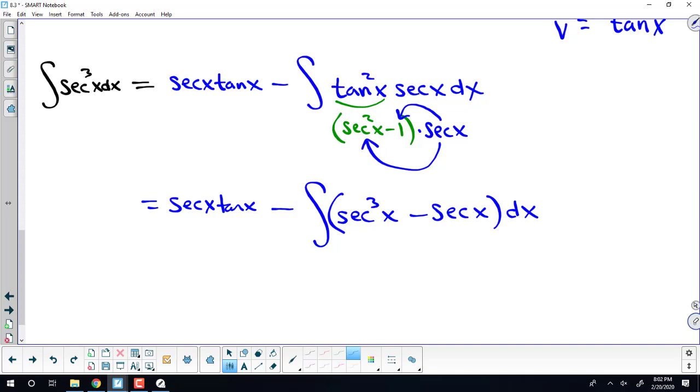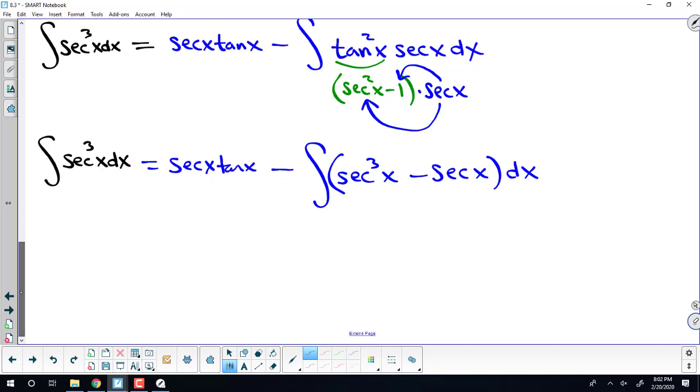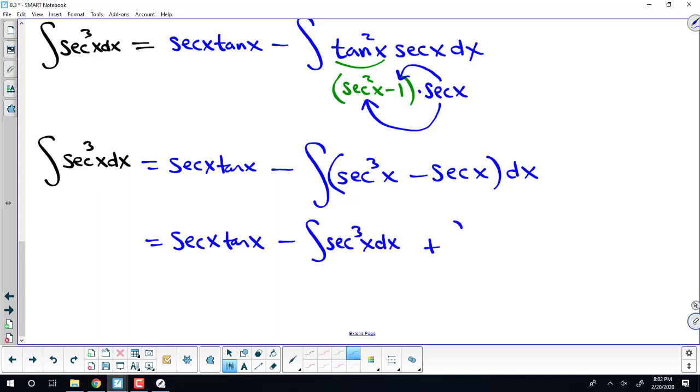We can find the antiderivative of secant cubed individually because it's over here, just like the e to the x cosine x problem we did. We're going to split this up, or distribute in the parentheses, equaling secant cubed.